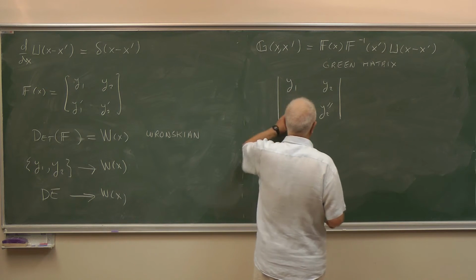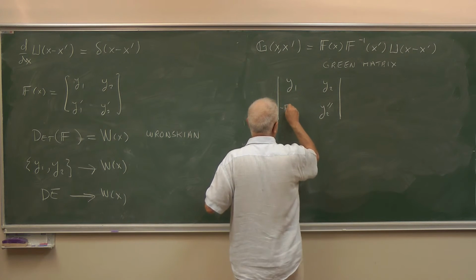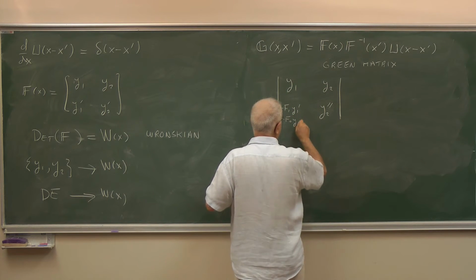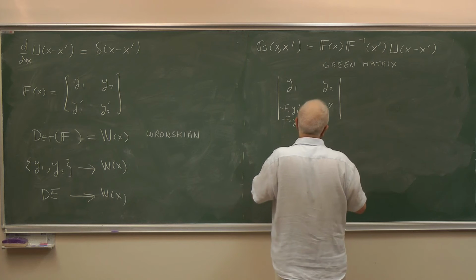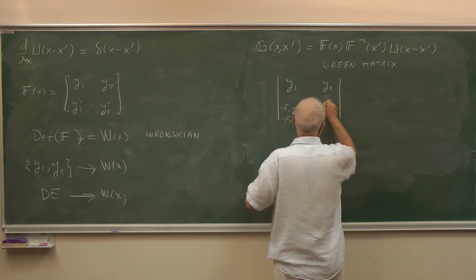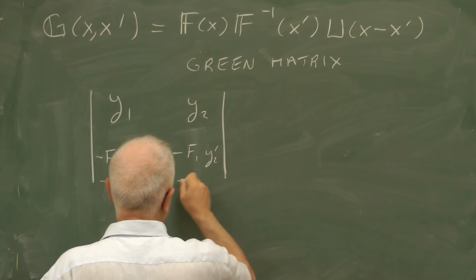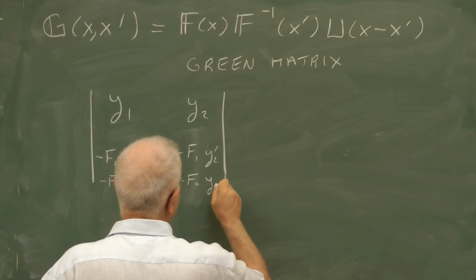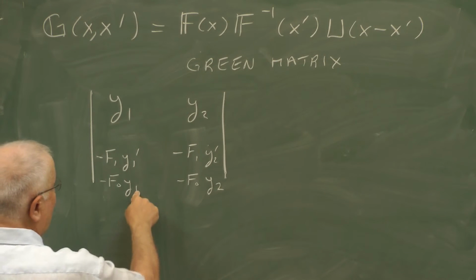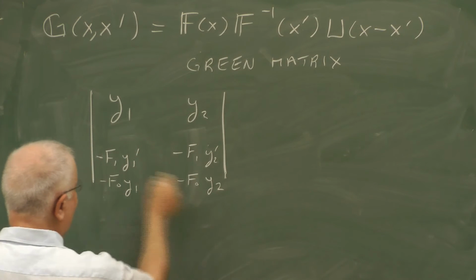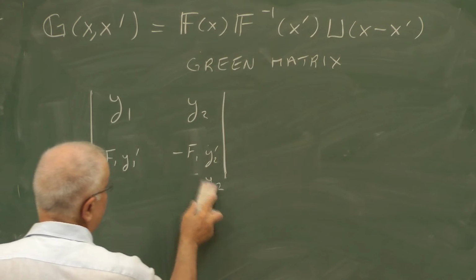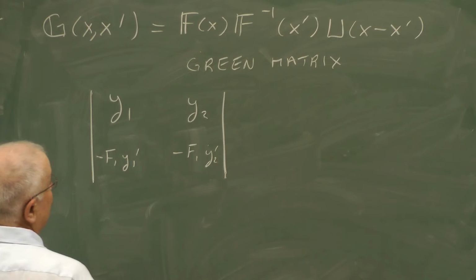It is minus f1 y1 prime minus f0 y1. Same thing here, minus f1 y2 prime minus f0 y2. But again, y1, y1, y2, y2, if I factor out the f0, it will give me 0 contribution. So nothing here.